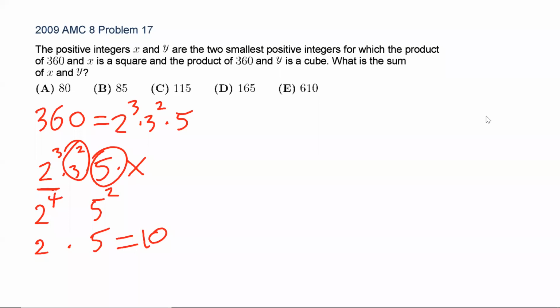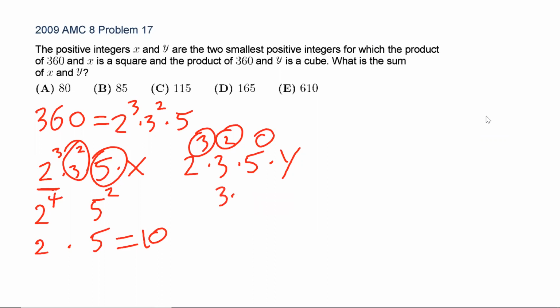Okay, so now let's look at y. The same setup here, 2 cubed times 3 squared times 5 times y has to be a cube. So in order for this to happen, every single one of these powers has to be divisible by 3. And since 2 cubed already works, we can ignore that. 3 squared needs another 3.